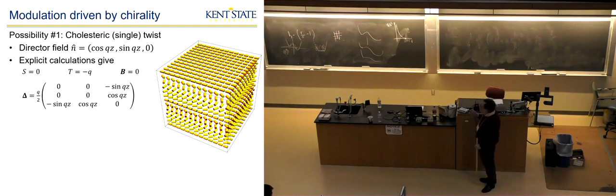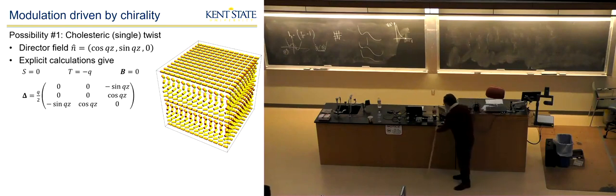Because if you didn't think about delta, you might think that the cholesteric has pure twist, but it doesn't. The cholesteric twist is different from pure twist. Pure twist is going around like this. It's twisting in all directions perpendicular to the director, and the cholesteric is only twisting in one direction perpendicular to the director. So this is single twist in contrast with double twist.